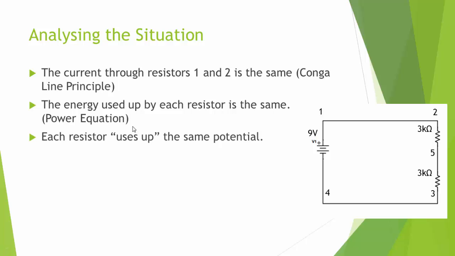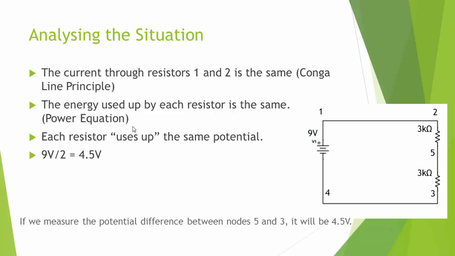So we can say that each resistor is using up the same potential. And so what we can do is say the combination of those two resistors gives us 9 volts. Each one contributes half, and 4.5 volts of voltage drop for each resistor.